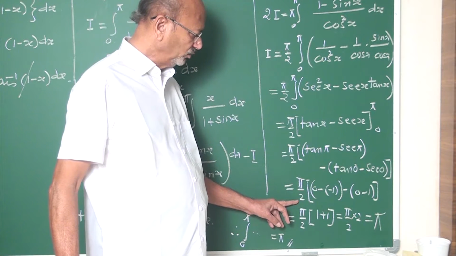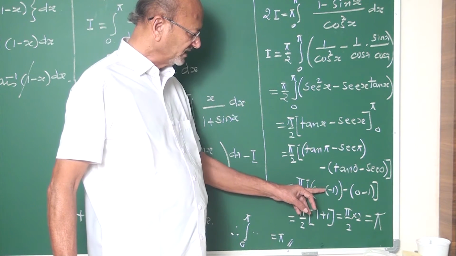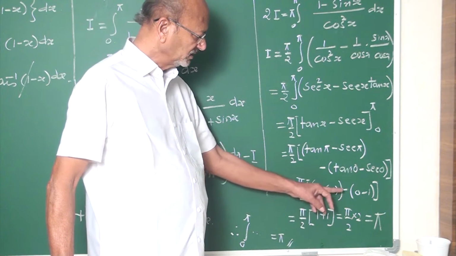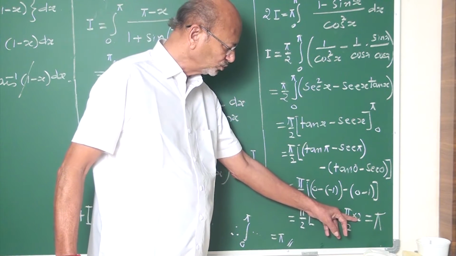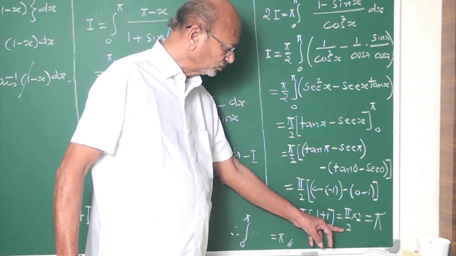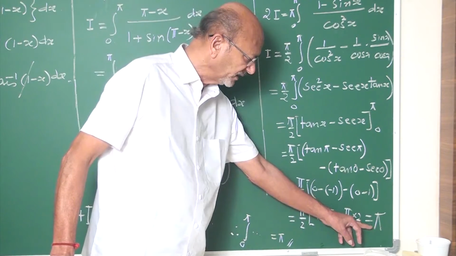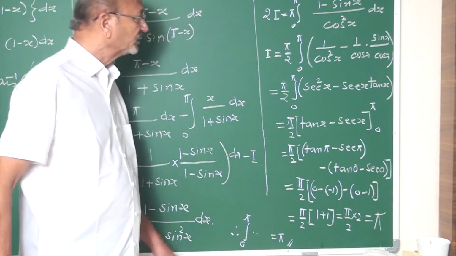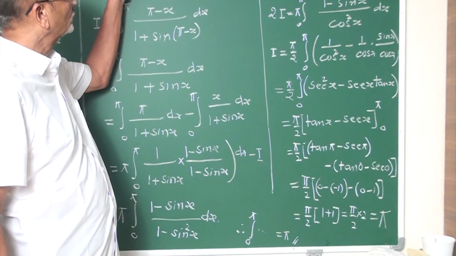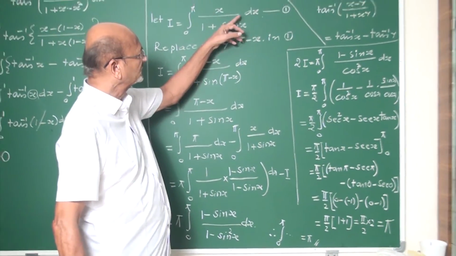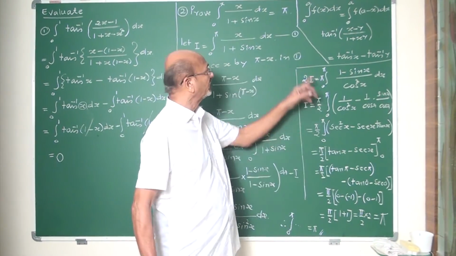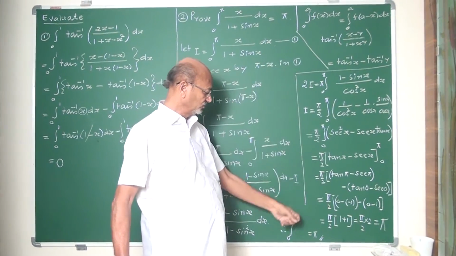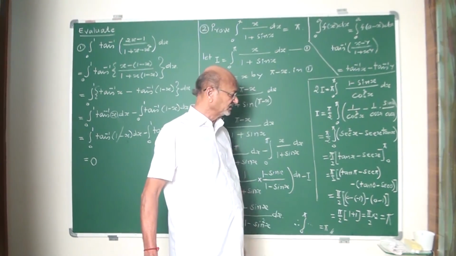This is pi by 2 into 0 minus of minus is plus 1, minus of minus is plus 1. 1 plus 1 is 2. 2 cancels with 2, giving pi. Therefore, integral 0 to pi x upon 1 plus sin x dx, the RHS is pi. Therefore, this is the definite integral.